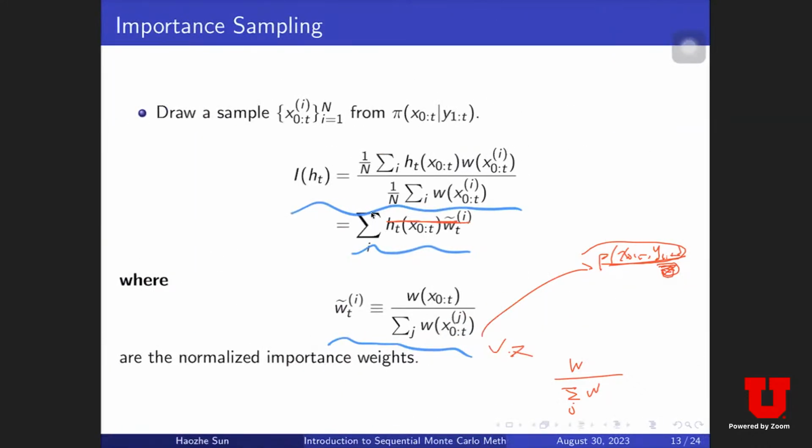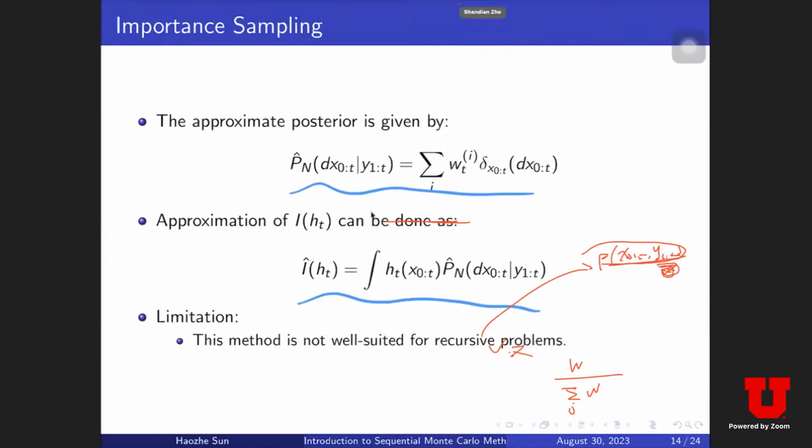All right. Let's continue. As I explained, importance sampling is a general Monte-Carlo integration method. However, in its simplest form, it's not adequate for recursive estimation.